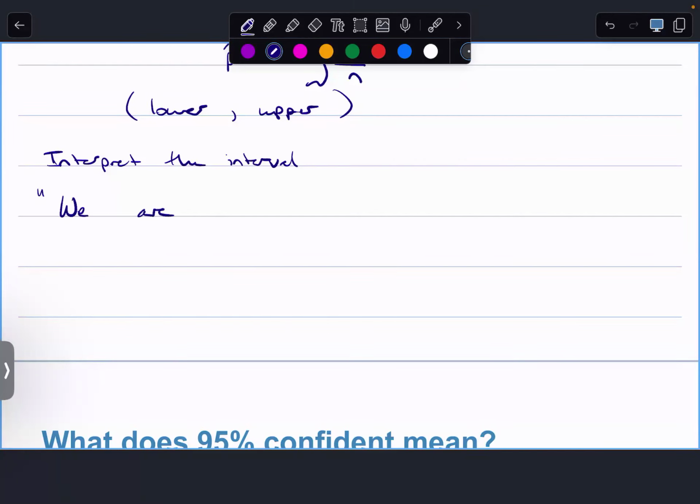We are some percentage confident, because you're building a 95% confidence interval, 90% confidence interval, that kind of thing.